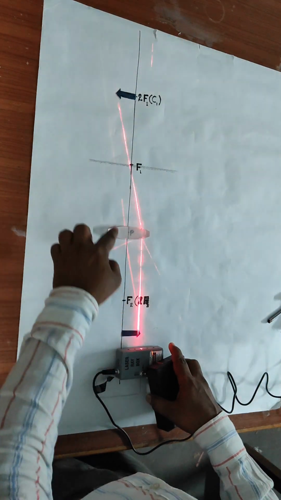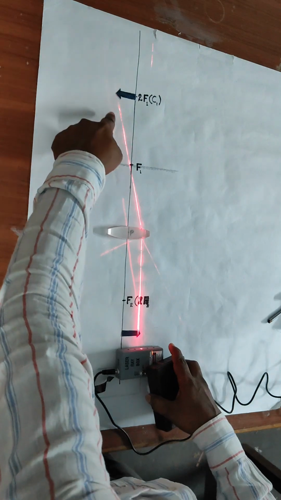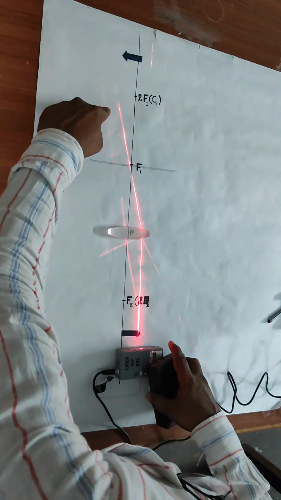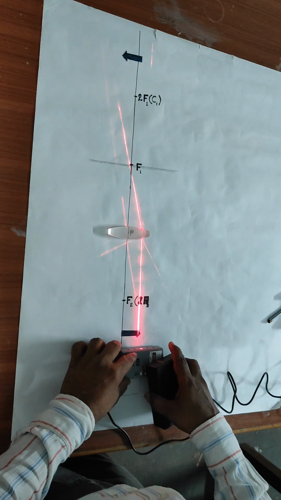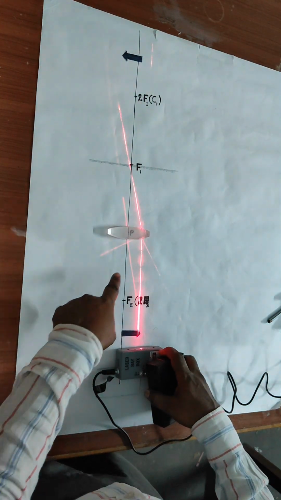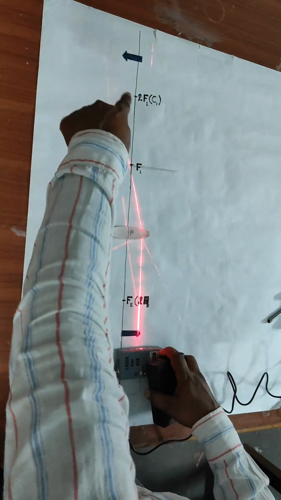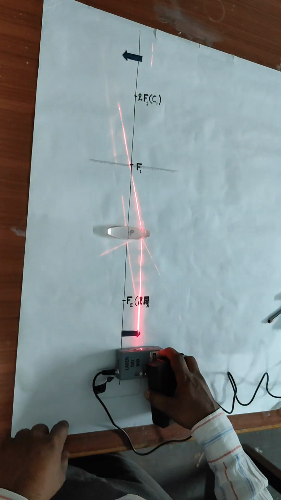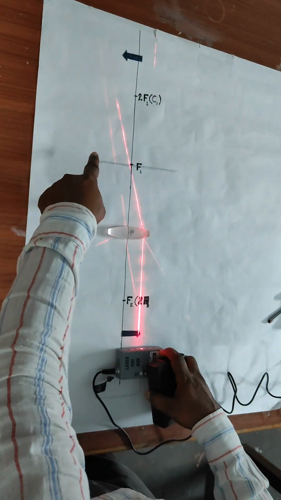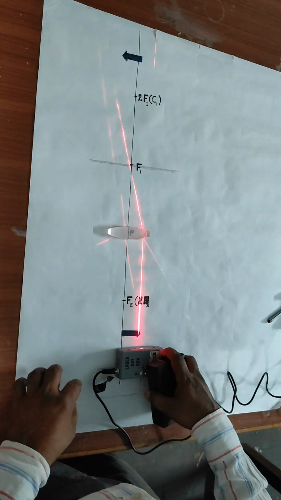The first ray and second ray after refraction, observe here. These two refracted rays are converging beyond the center of curvature.